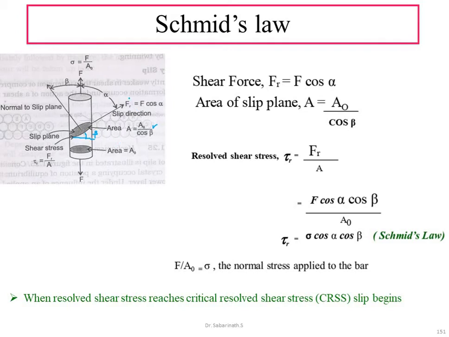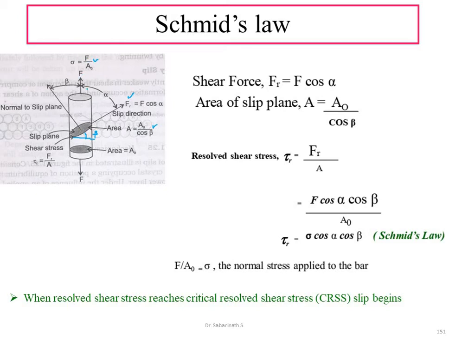Next, we want to find the shear force, that is Fr, the force along the slip plane. We know this is the applied force, that is F, and the applied stress is F by A naught.